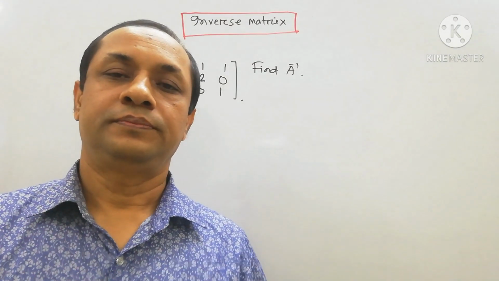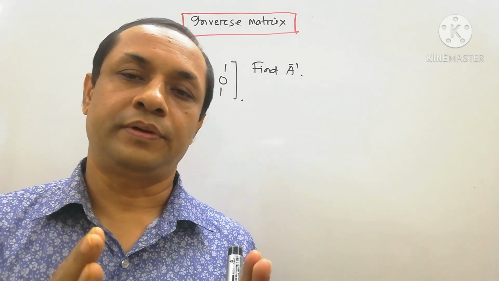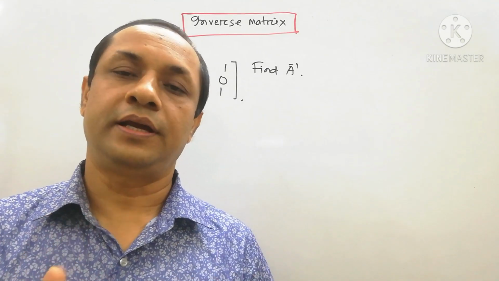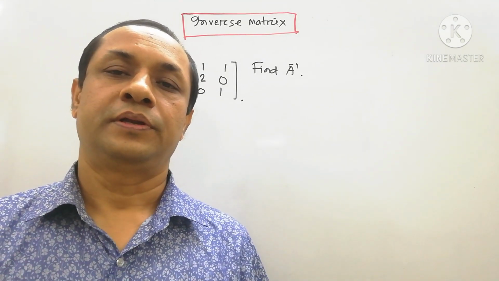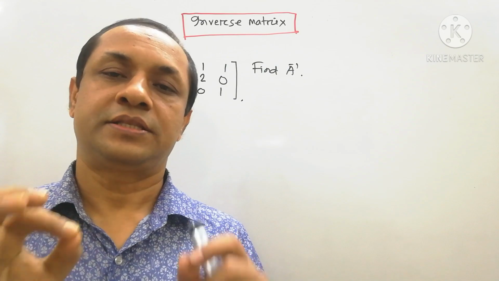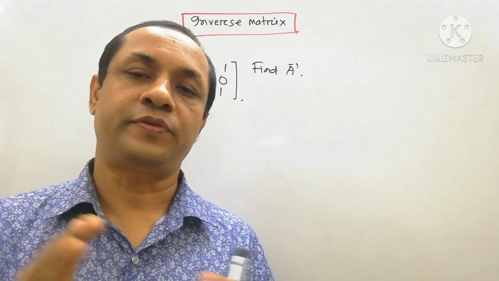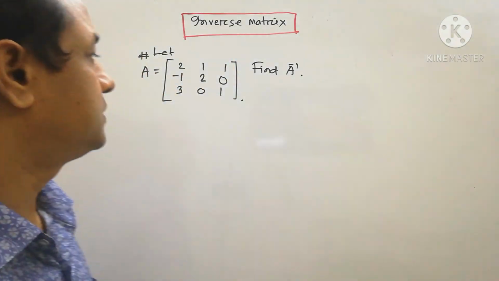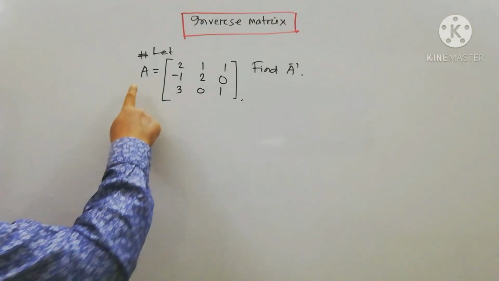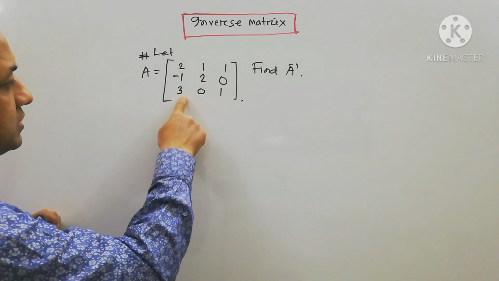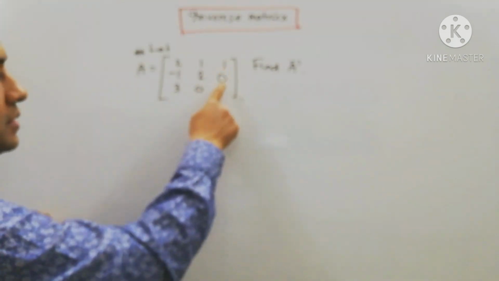Another example: find A inverse. So let's go, students. It is a 3 by 3 matrix, 3 rows and 3 columns. Now find A inverse. So students, look at the board. Let A be the matrix 2, minus 1, 3; 1, 2, 0; 1, 0, 1.